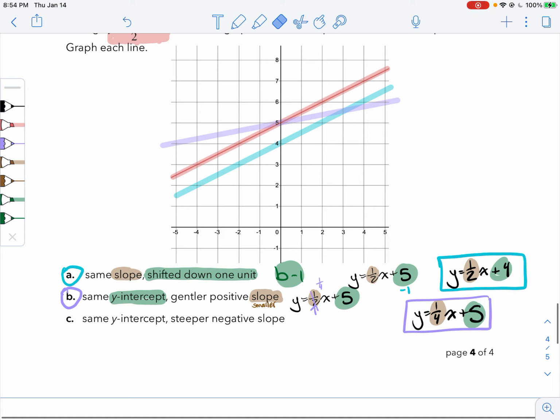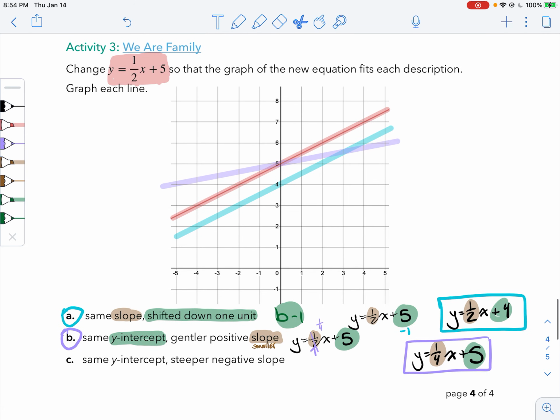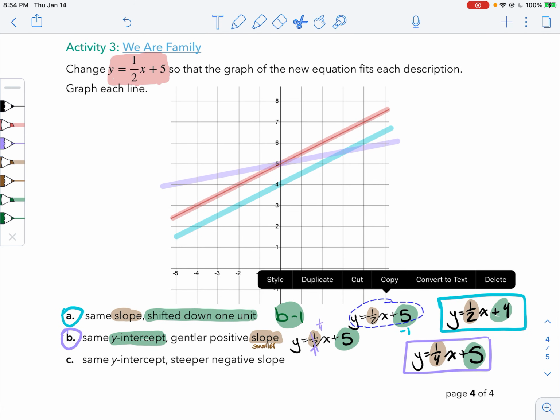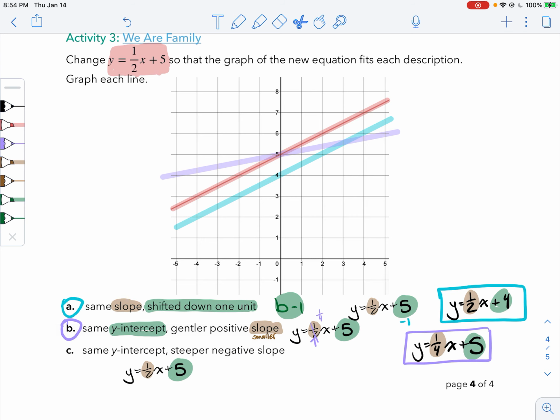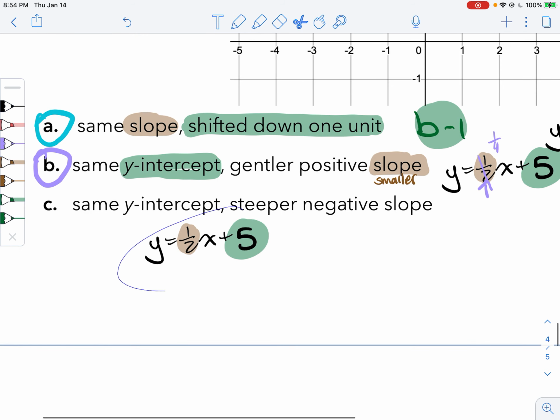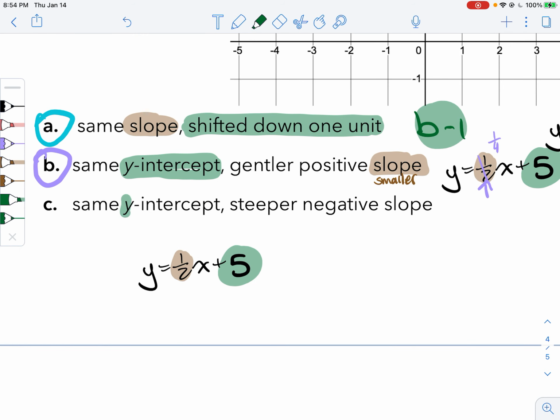And finally, we need to have a steeper negative slope. We're going to take our original equation, and we're going to keep the y-intercept the same. So we're not changing our b, but we are going to change our m, a steeper negative slope. So first, we need to make it negative.